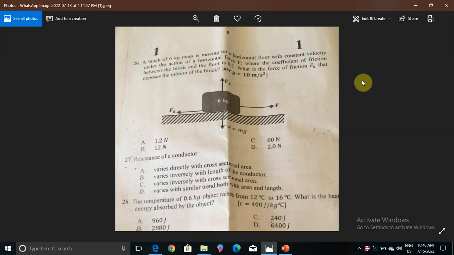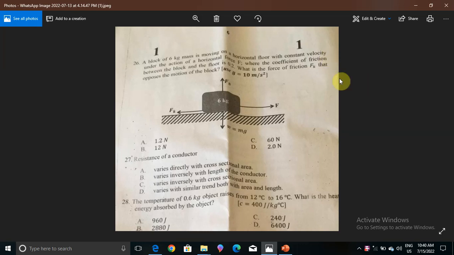What is the force of friction that opposes the motion of the block? Also use gravity as 10 meters per second square. Now we have the choices: A, 1.2 Newton; B, 12 Newton; C, 60 Newton; and D, 2.0 Newton.